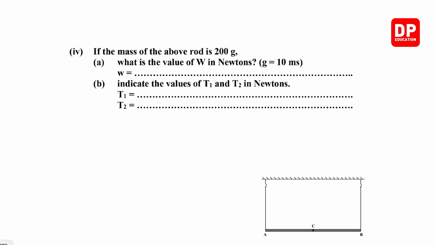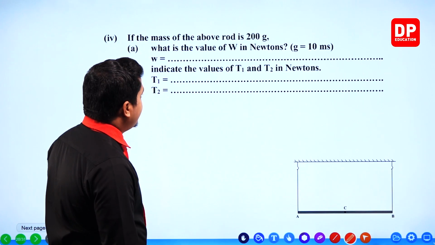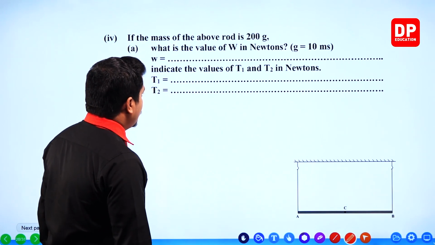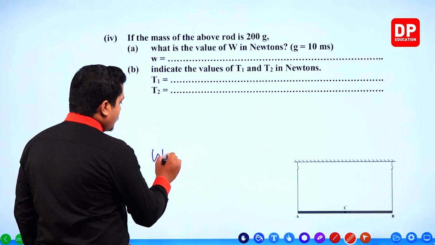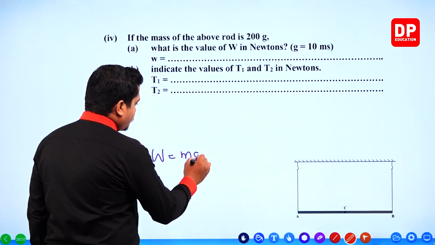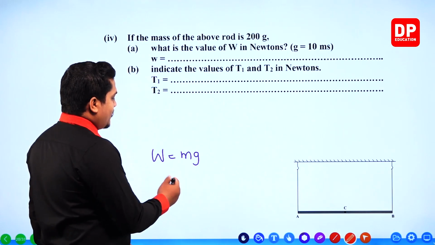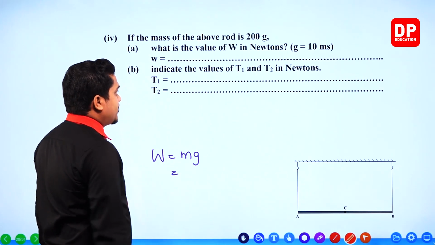Okay? Right. If the mass of the above rod is 200 grams, what is the value of W in newtons? So, you know that W is equal to mg. Weight is equal to mass multiplied by the gravitational acceleration.